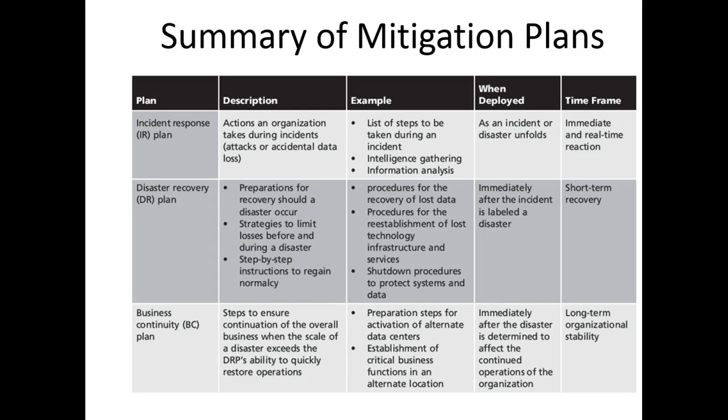For business continuity, you also need to develop a plan, and it needs to state the steps for how to activate maybe another data center. Maybe you need to set up another server somewhere across the country. And also what the critical business functions are that you want to continue as soon as possible in that location.